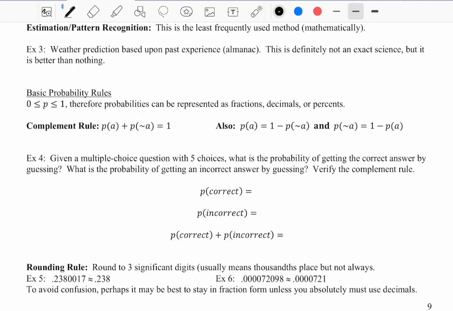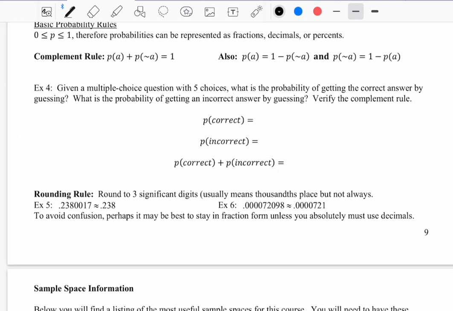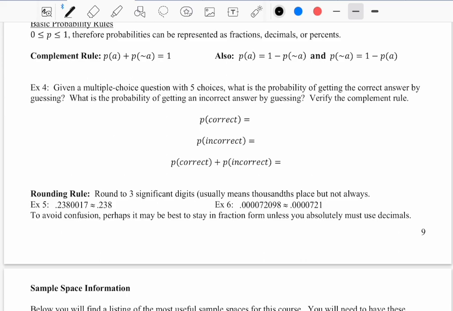All right. There's also complement rules. It's kind of strange because the word complement means something different in different areas of math, but usually it means whatever's left. All right. So in the case of true false, the complement of true is whatever is not true, so whatever is false.